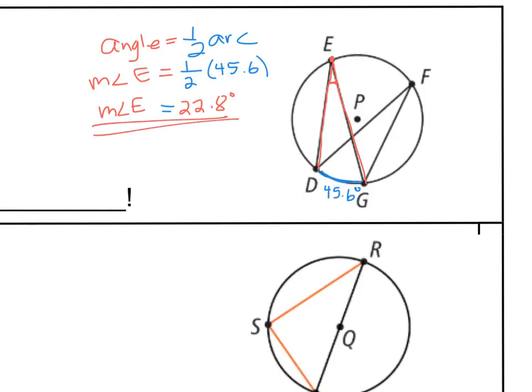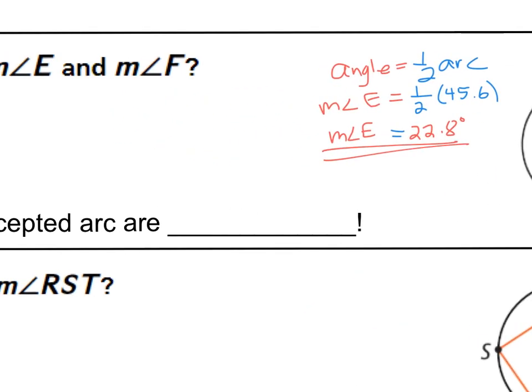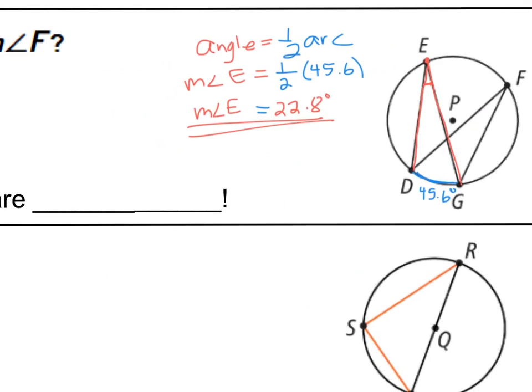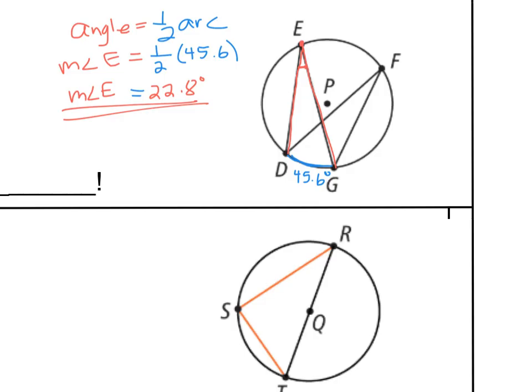But then back in the directions, we're also asked to find the measure of angle F. So we know angle E, but let's look over here at our picture for angle F. I'm going to pick a different color for this one. This one's going to go pink. If I put a point where F is for the inscribed angle, notice F to D and F to G intercepts the same arc.